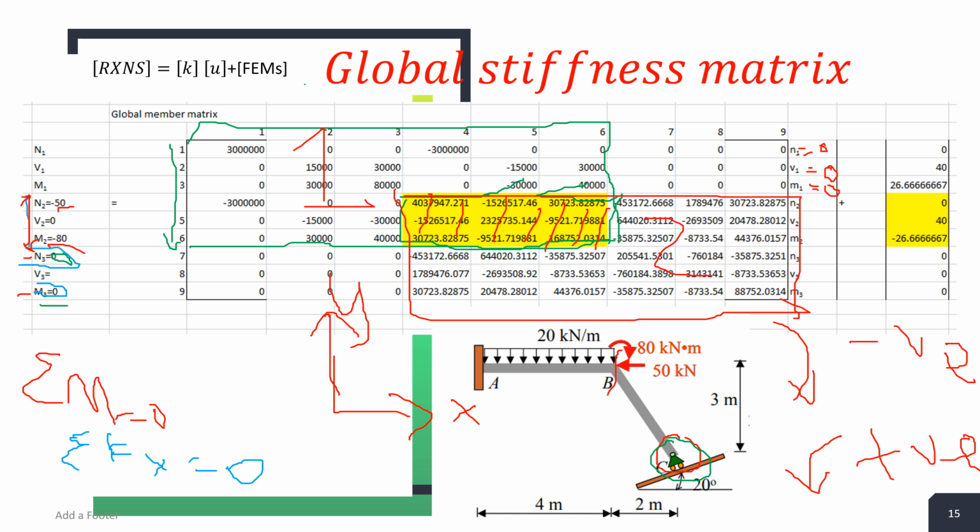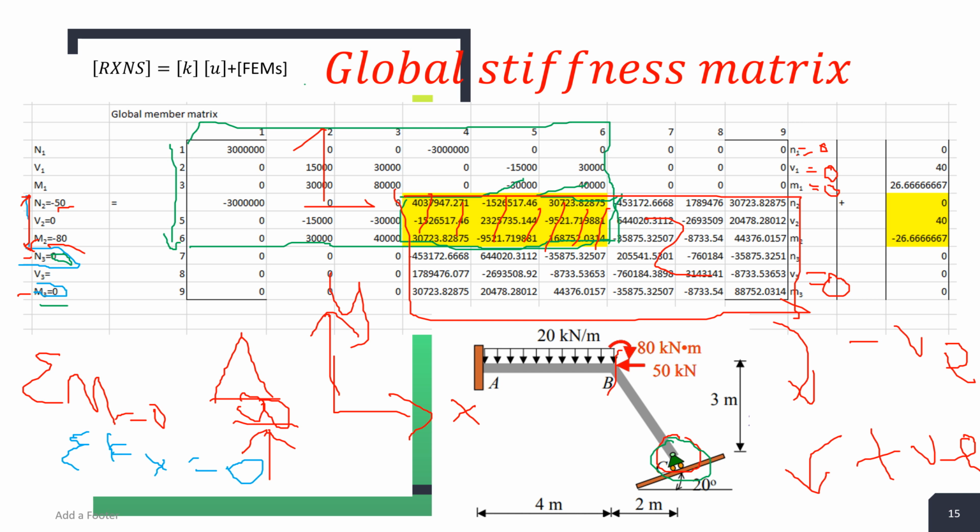And also for the roller, even though it's a roller support, the force in the x direction is 0, but still it can resist forces in the vertical direction. So therefore the movement in the vertical direction is 0.